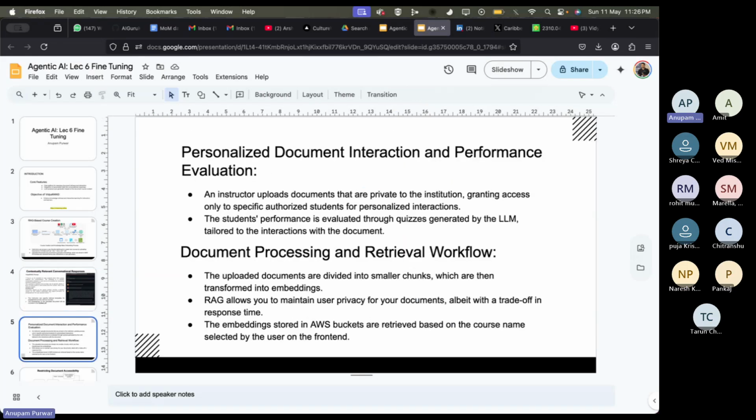So this part is where RAG is being used. But when we really need some personalized interaction, for example, there may be a favorite teacher of yours who may be very popular among a lot of people. That teacher or professor may have a particular style of teaching.